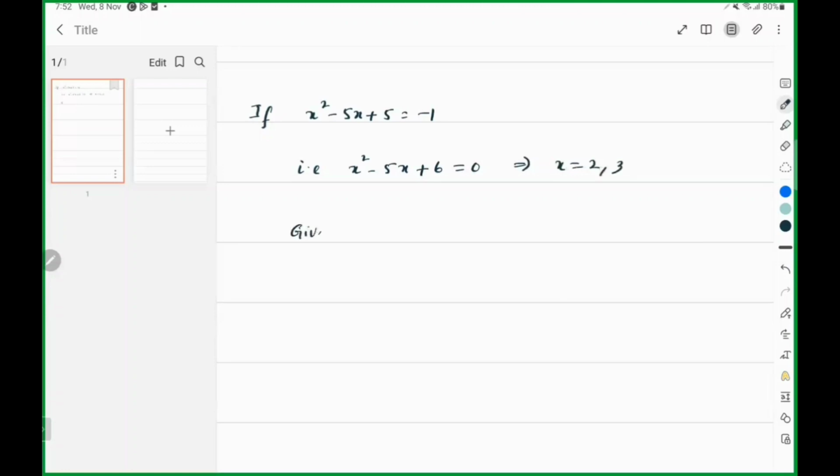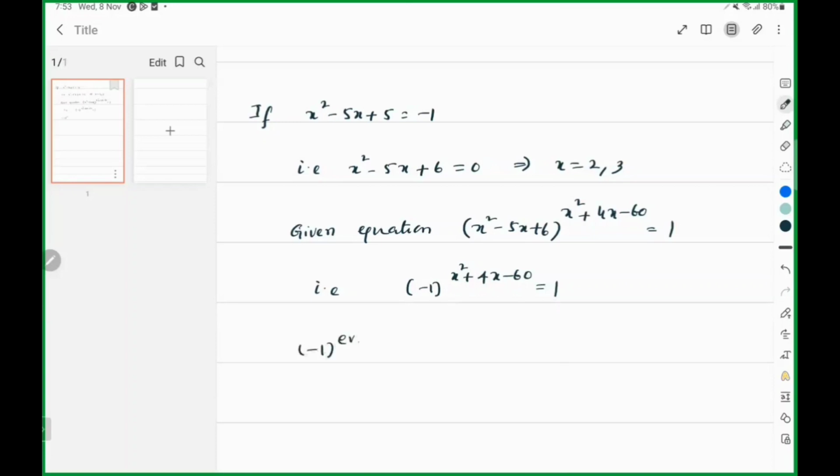Given equation, (x square minus 5x plus 6) whole power (x square plus 4x minus 60) must be minus 1 power even, which becomes 1. So available values are 2 comma 3.